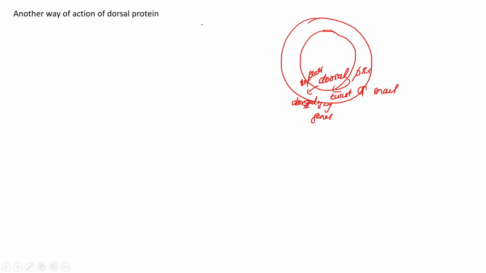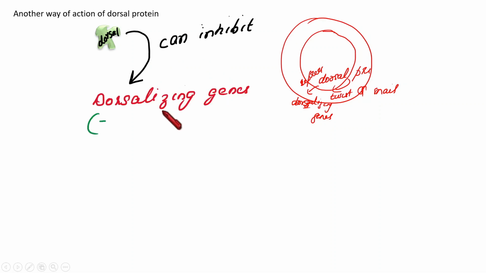Dorsalizing genes. So, which are those dorsalizing genes? I will explain to you. Dorsal can inactivate some dorsalizing genes like Zen and DPP. So these are the dorsalizing genes.